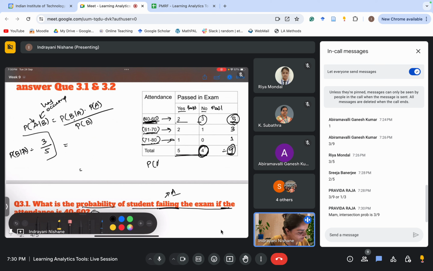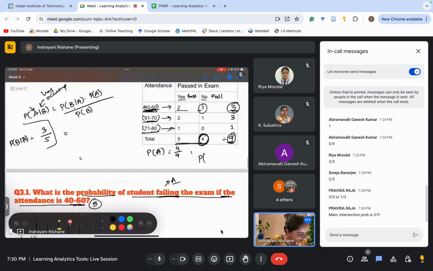The probability of a student failing is 4 by 9, and the probability of attendance 40 to 60 is 5 by 9.